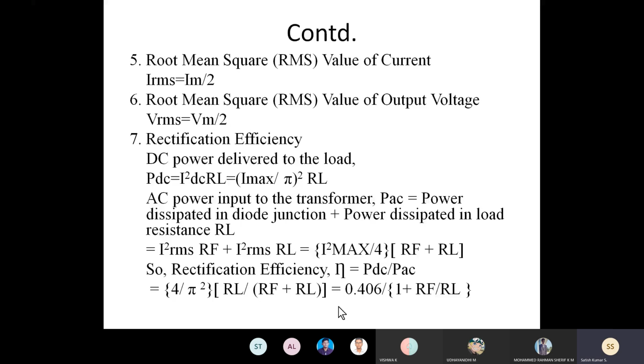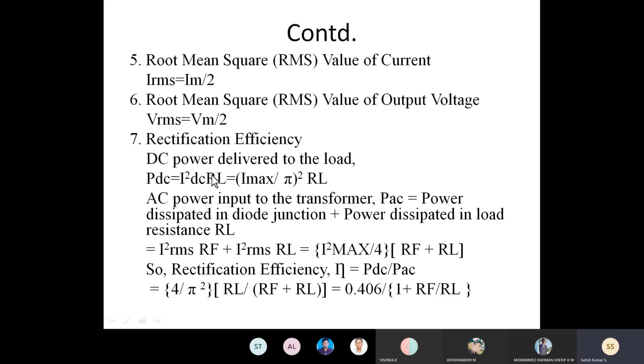So here we are going to calculate IRMS for a half-wave rectifier, that is Im by 2, and VRMS for a half-wave rectifier is Vm by 2. And the rectification efficiency we are going to calculate. That is the DC power delivered to the load.